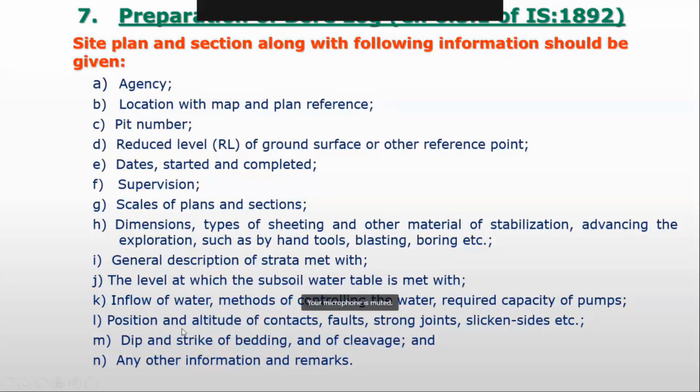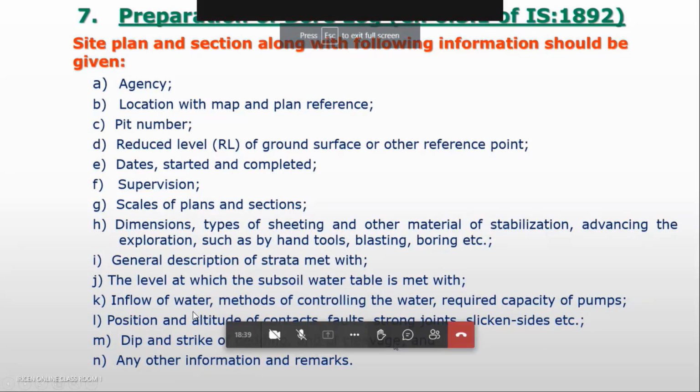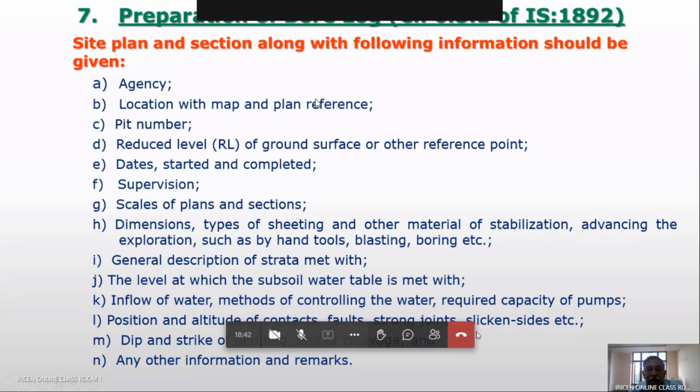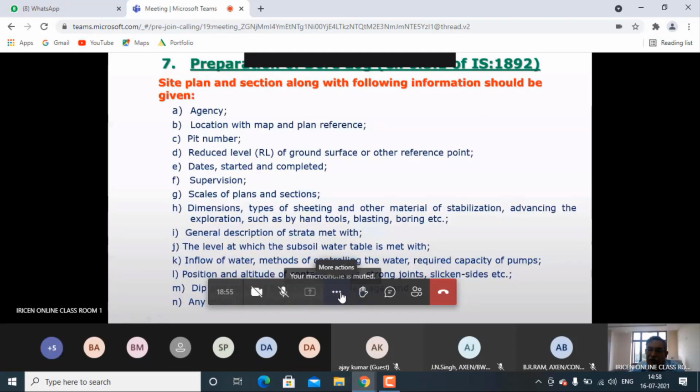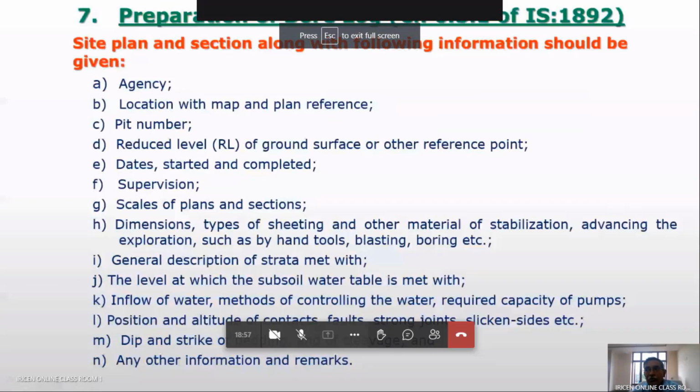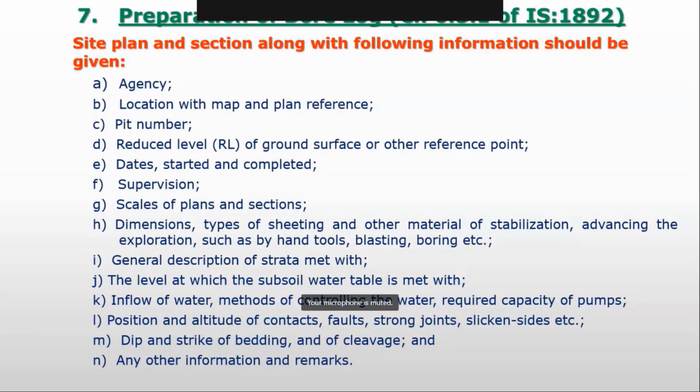Position and altitude of contacts, faults, strong joints, slick sides, etc. When such geological conditions are met with, to deal with them you have to take the help of an expert geologist, because with our limited knowledge our decision will not be very appropriate for such kind of location or foundations.